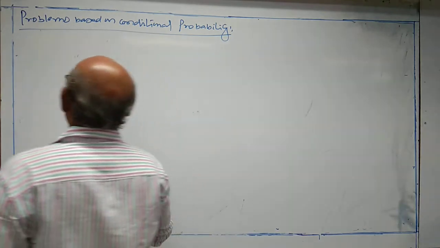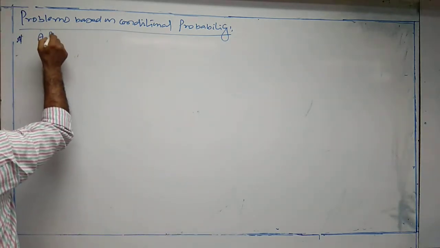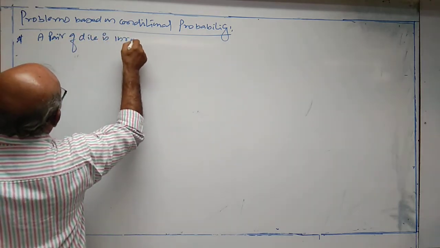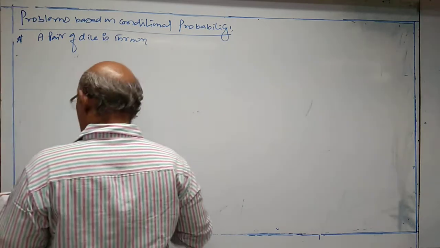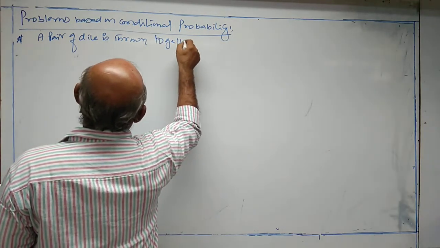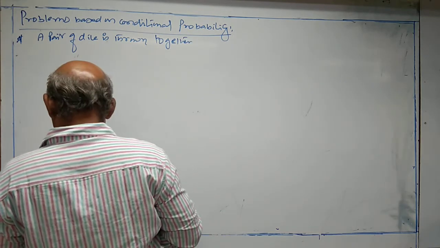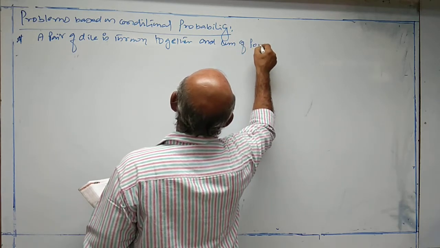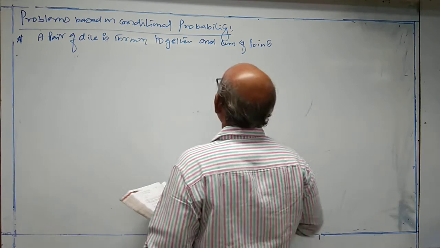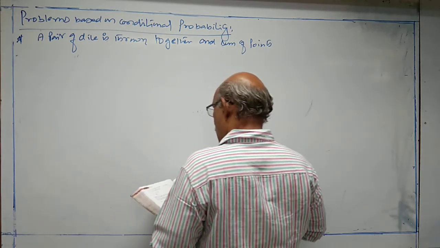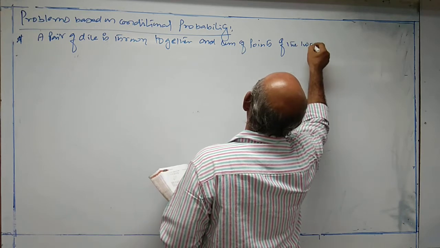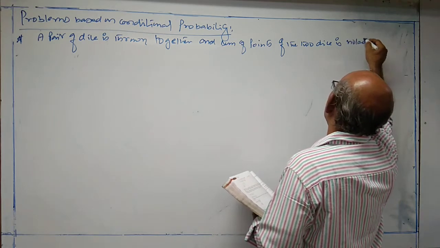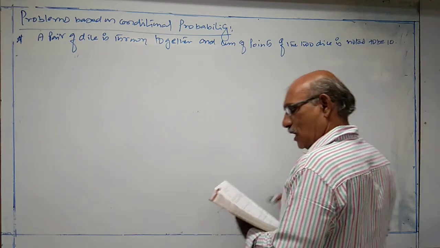A pair of dice is thrown together and the sum of points of the two dice is noted to be 10.